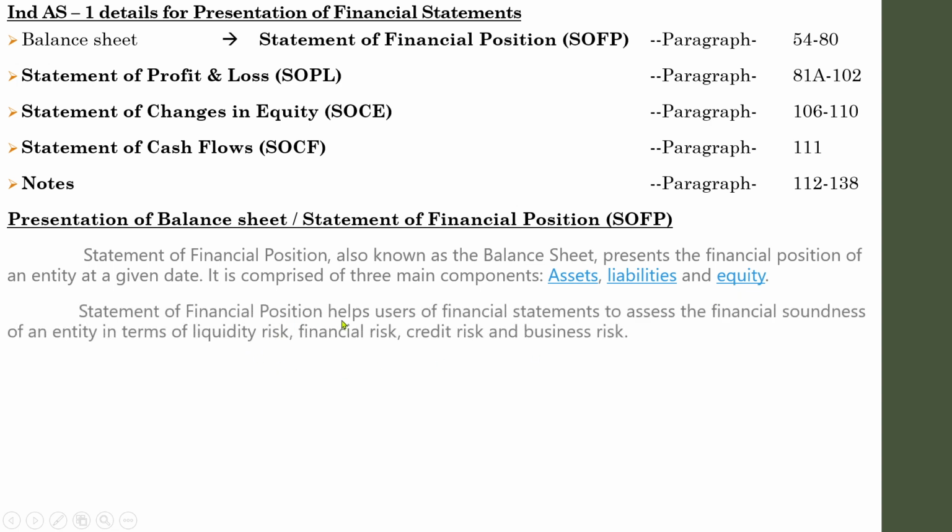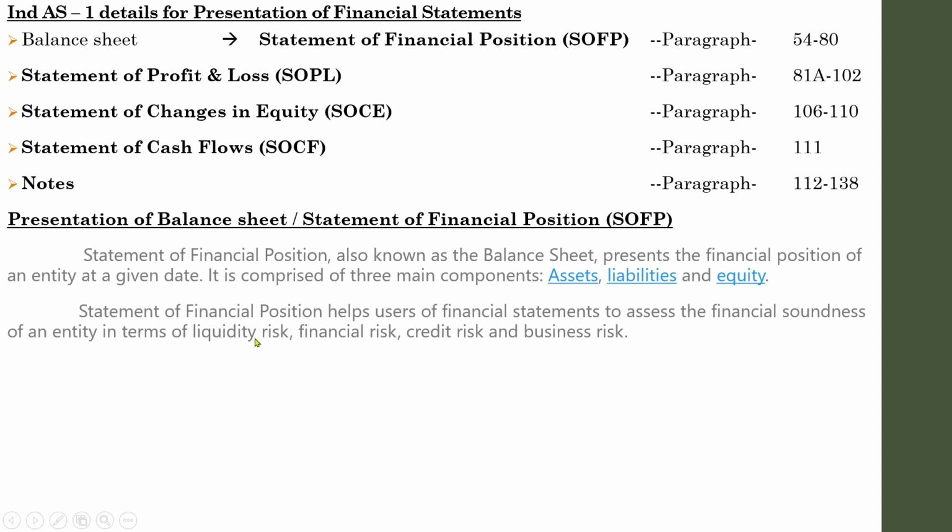The statement of financial position, otherwise known as SOFP, helps users of financial statements to assess the financial soundness of an entity in terms of liquidity risk, financial risk, credit risk and business risk. We all know the main purpose of financial statements is that they are statutory or mandatory, and another main relevance of preparation is providing necessary information to its users. So these are the various areas in which investors require information.